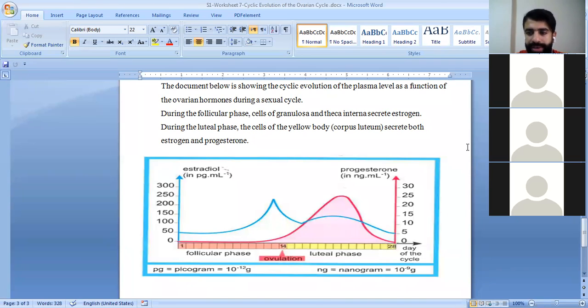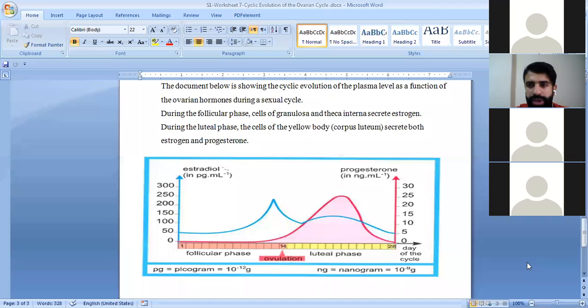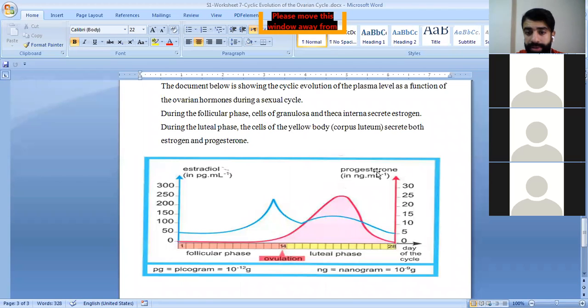Let's have Hassan here. Yes, Hassan, what do you think? Which hormone controls the cycle during the follicular phase? Estradiol or progesterone? Estradiol. Okay, the one in the blue. While the hormones that control the cycle during the luteal phase are progesterone and estradiol, both of them.